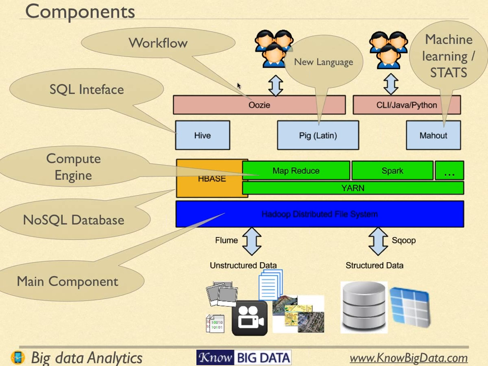Now comes Oozie. When you have a lot of things to do, let's say you have to do some analytics on data, say predictions, then before you do the predictions, you will have to pull all of the data from various sources to HDFS, if your data is really big.